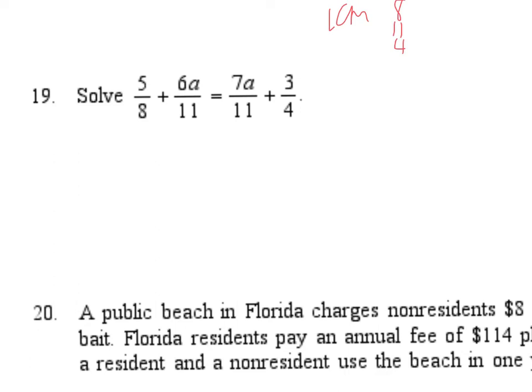So I know that since I have 11 involved, I only have 11, 22, 33, 44, 55, 66, 77, and 88 to work with. So out of all those numbers, the only number that 8 can go into evenly is 88. So my least common multiple is 88. So I'm going to multiply everything by 88.